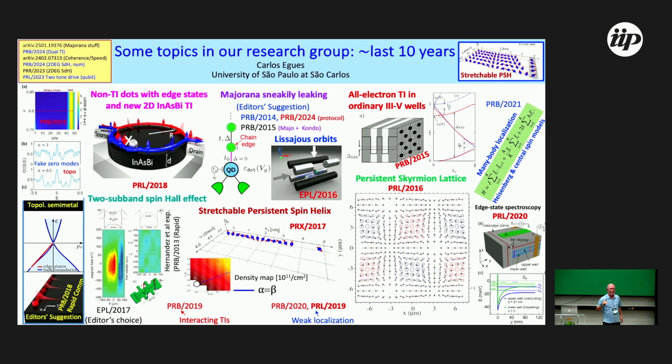So actually this was part of the deal with this work. In the early days, like 2012, when this first work from the Delft group came out, there were a lot of questions about whether the zero bias peak was a Majorana or not.